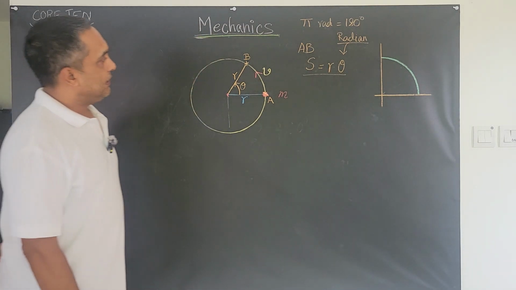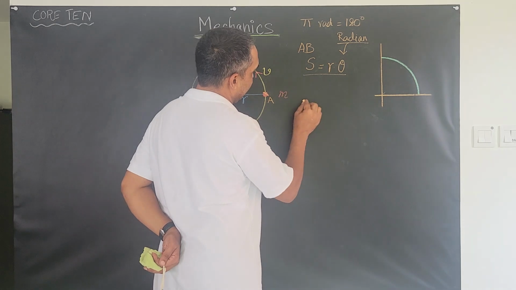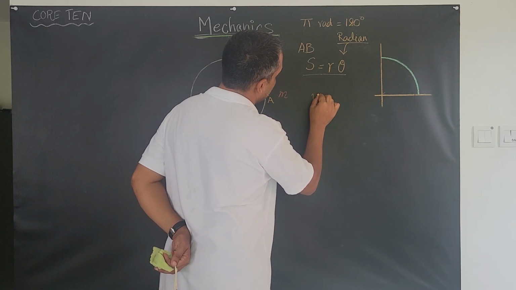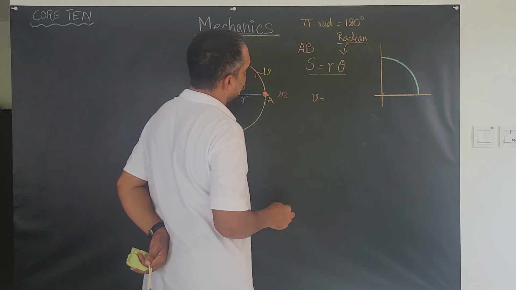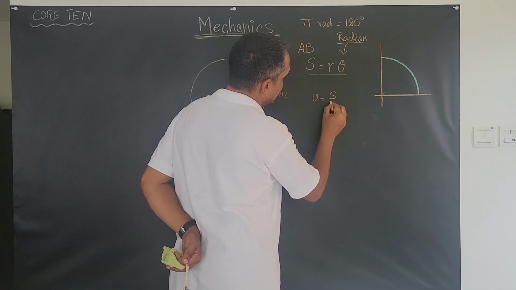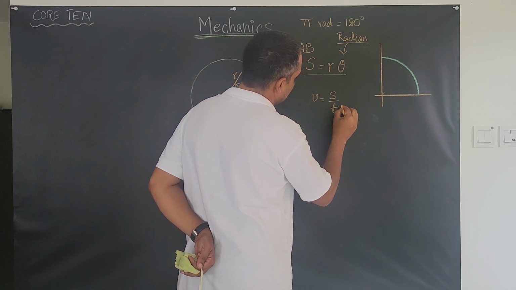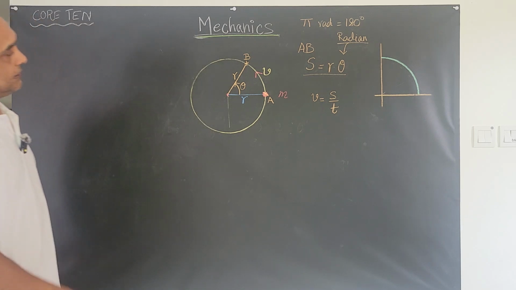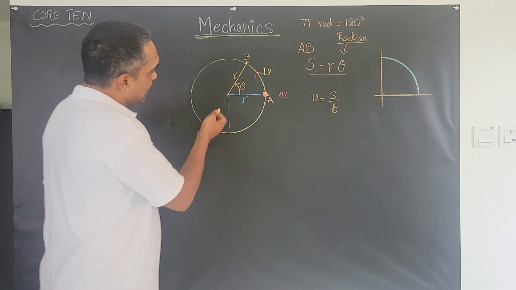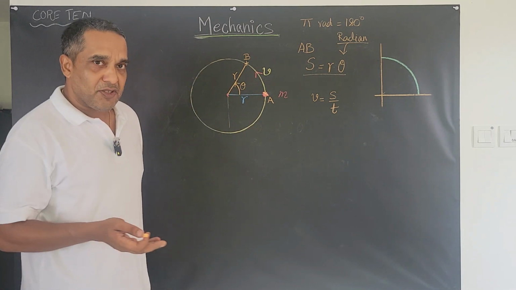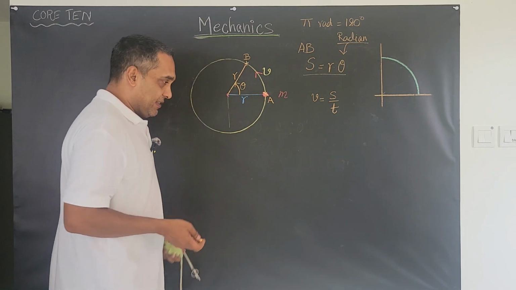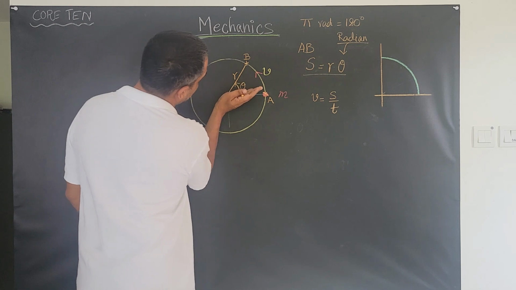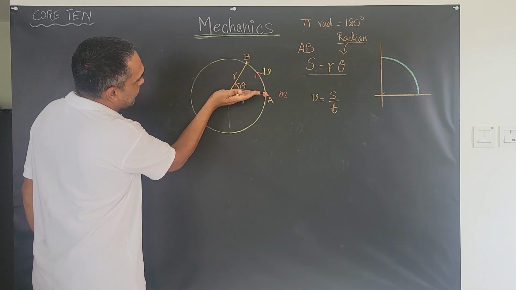Now we know if in time t, velocity can be written as s by t. So that is clear. But what if we now want to find out in radians how much of that circle this object traversed? If this is a piece of pie, what's that angle?